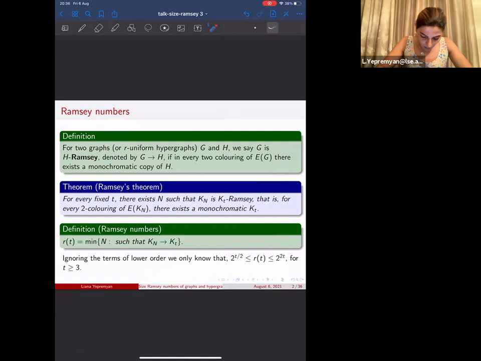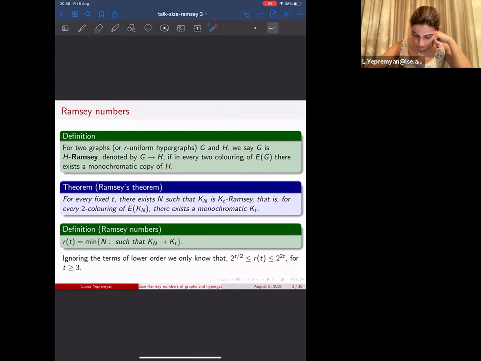And there's a lot of research around the Ramsey numbers, and many central open problems in extremal combinatorics are around these numbers actually. Without going into further details, let me just tell you that for any t, ignoring some suboptimal terms, this is the general bound we have.